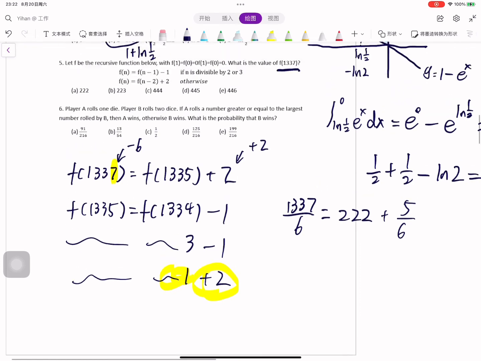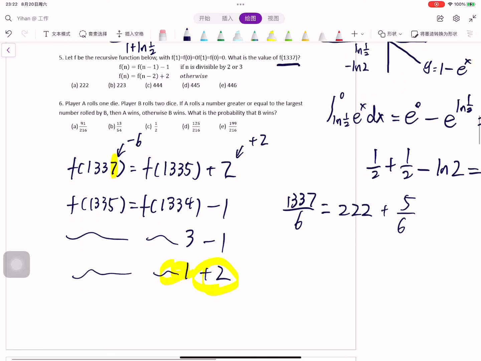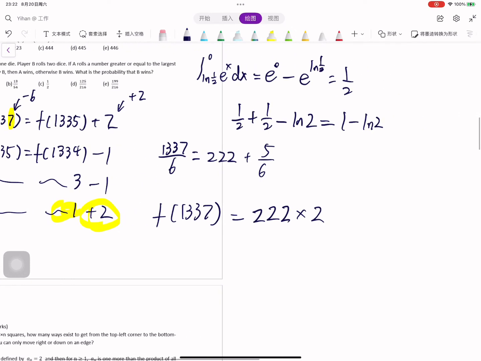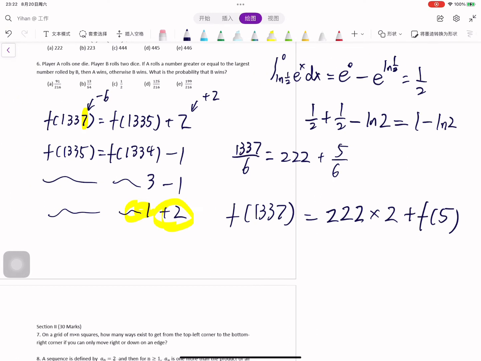So f(1337) should equal 220 times 2, and also we need f(5), and we still put f(5) in this process, like 5 equals 3, and this is 3, this is 2, this is 2, this is 1.